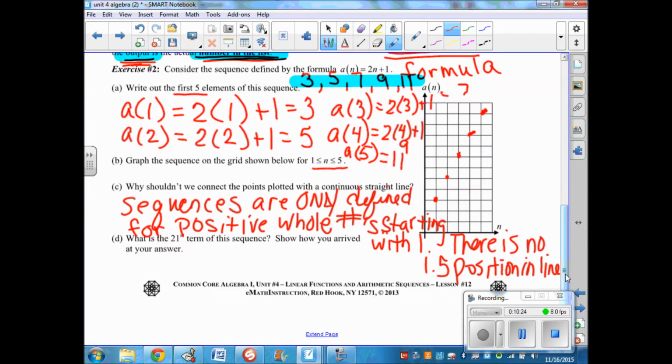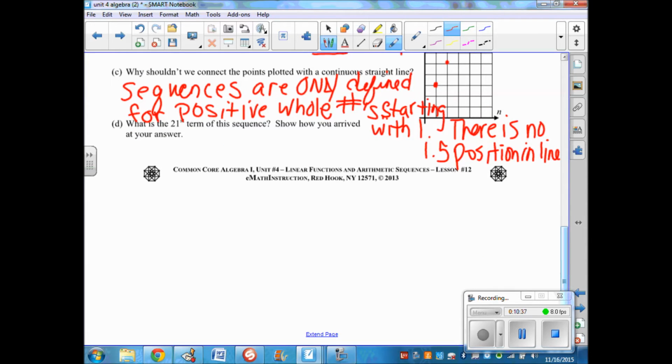So it says, what is the 21st term of the sequence? Meaning, if I listed these all out, all the way up through 21, what would my number be? So it says, show your work. This is where our formula comes in handy.